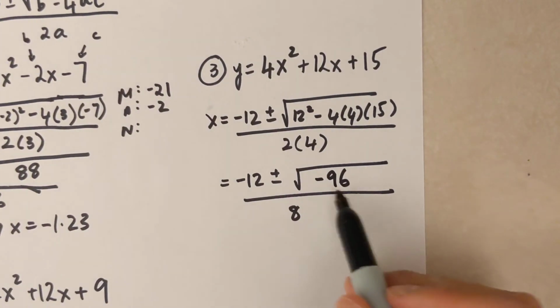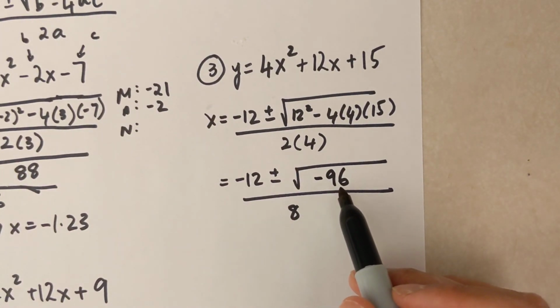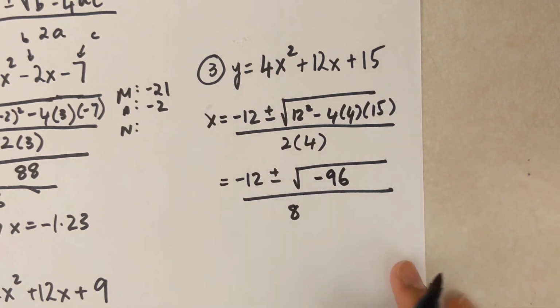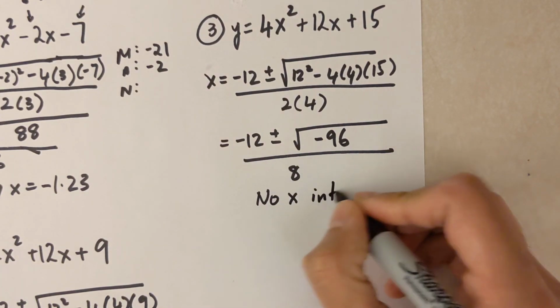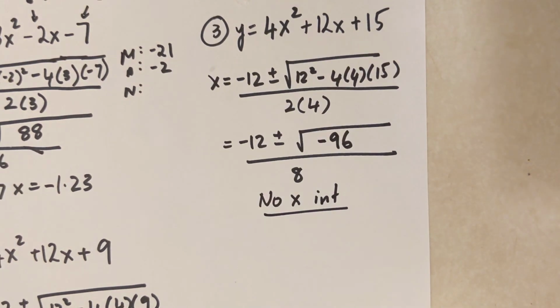Now in this case we have a negative number in the square root. It's not possible to square root a negative number, so we have no x-intercepts. Basically you cannot solve this question because it has no x-intercepts.